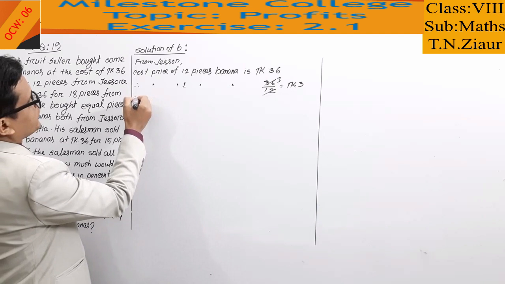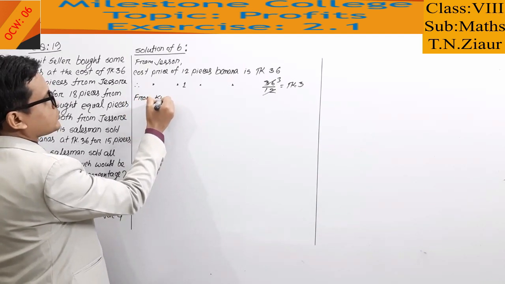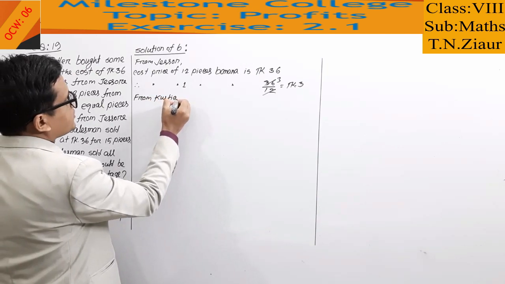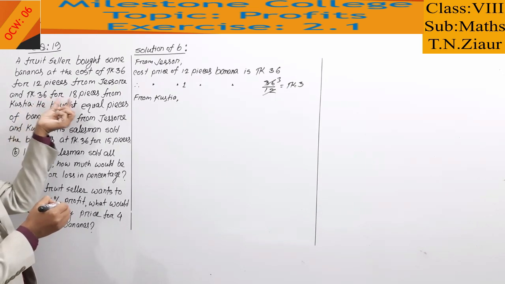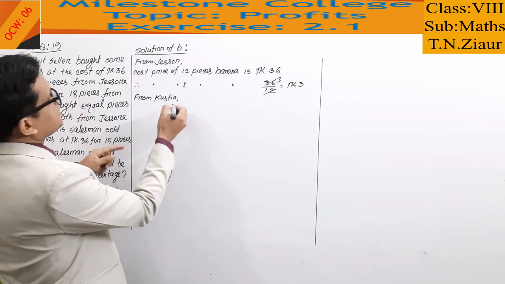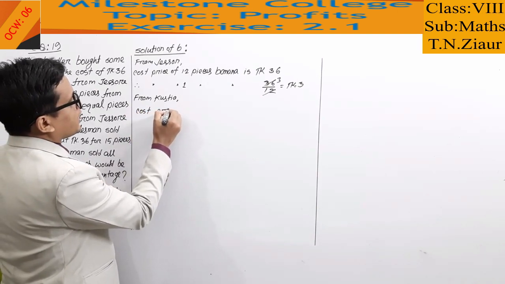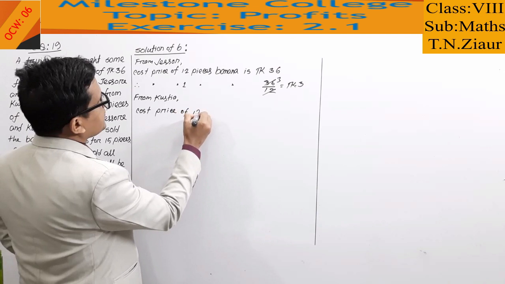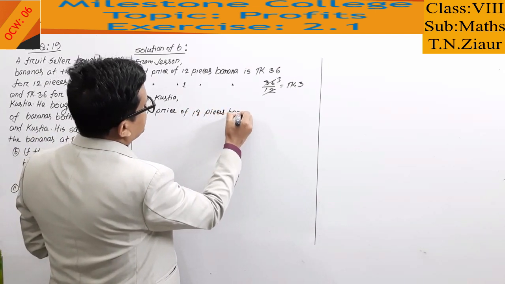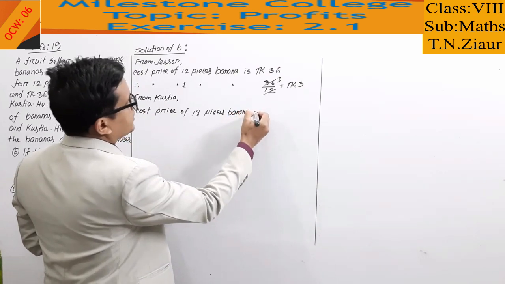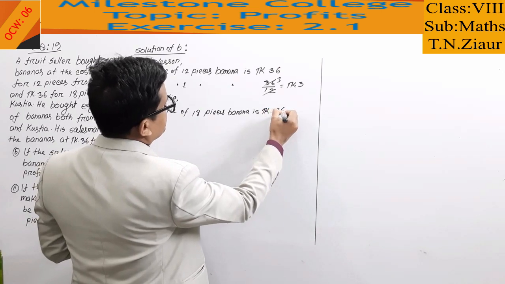Now from Kustia we have to find the cost price. From Kustia, 18 pieces cost taka 36. So write: the cost price of 18 pieces of bananas is taka 36.